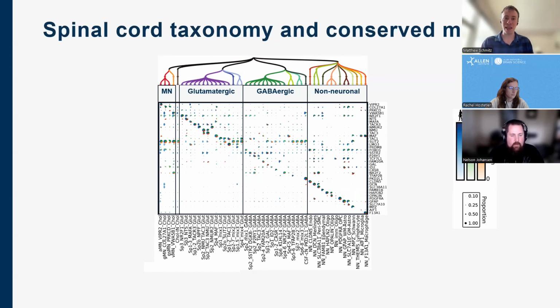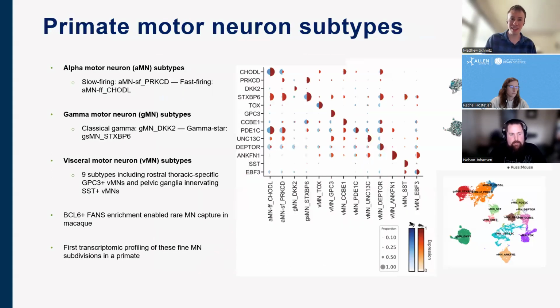And this is something that taxonomies that aren't consensus, where you're only looking at one species, lack. If you only look at one species, you really don't know if the marker that you pick is going to end up being a good marker in other species. But having this context allows us to give these markers as a resource for people, so that if you're doing a study on human disease and you have a mouse model for it, you can use the same marker to find the same cell type.